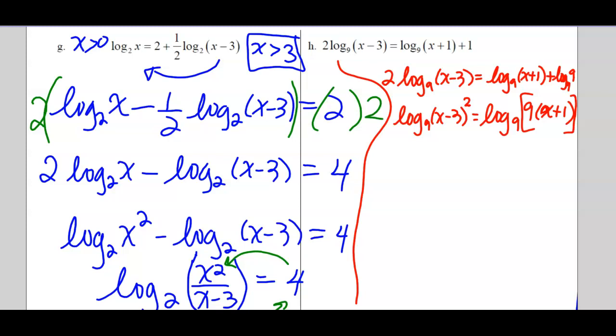And so now we've got an equation where the arguments of each log are equal. So this is a slightly different way, but you'll end up with the same quadratic that you have to solve.